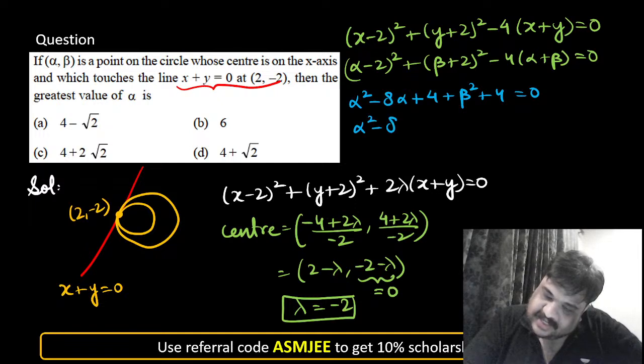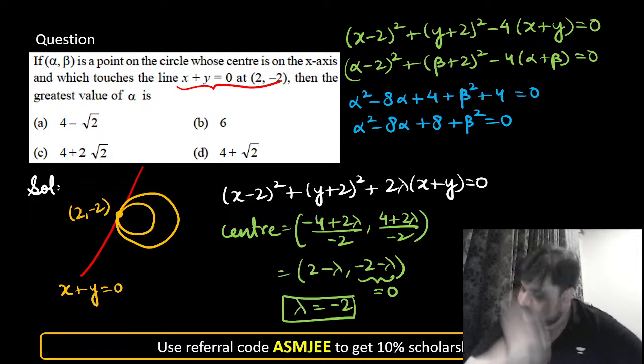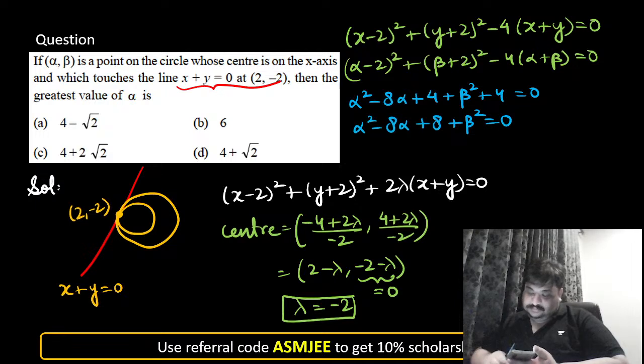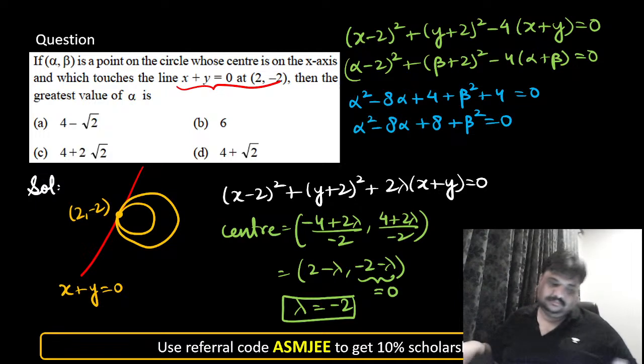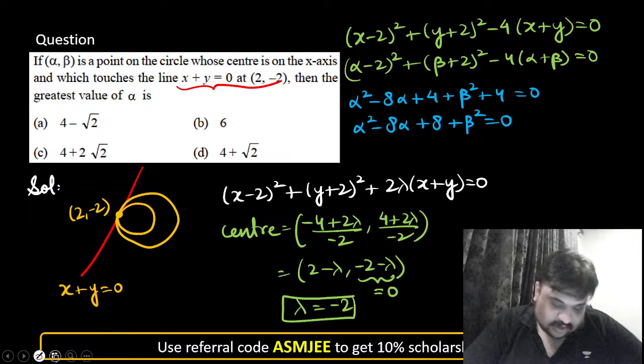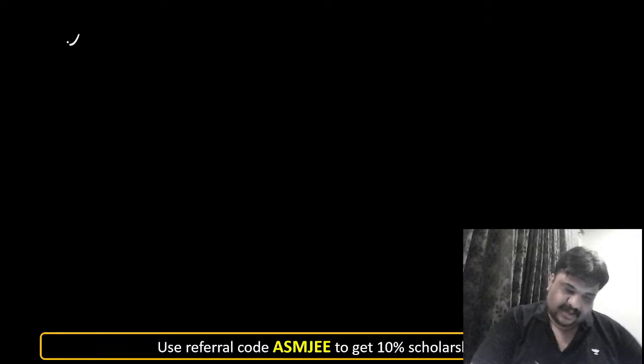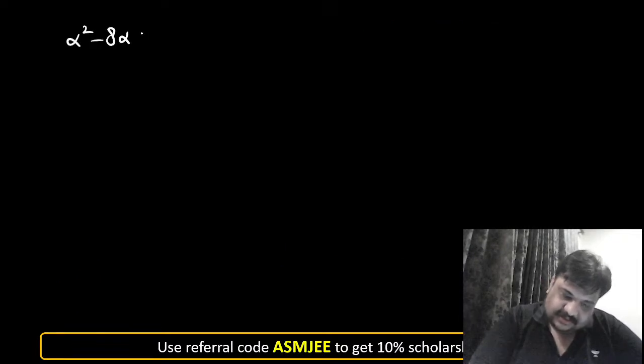So alpha square minus 8 alpha plus 8 plus beta square is equal to 0. So we have to maximize alpha. How to maximize alpha?